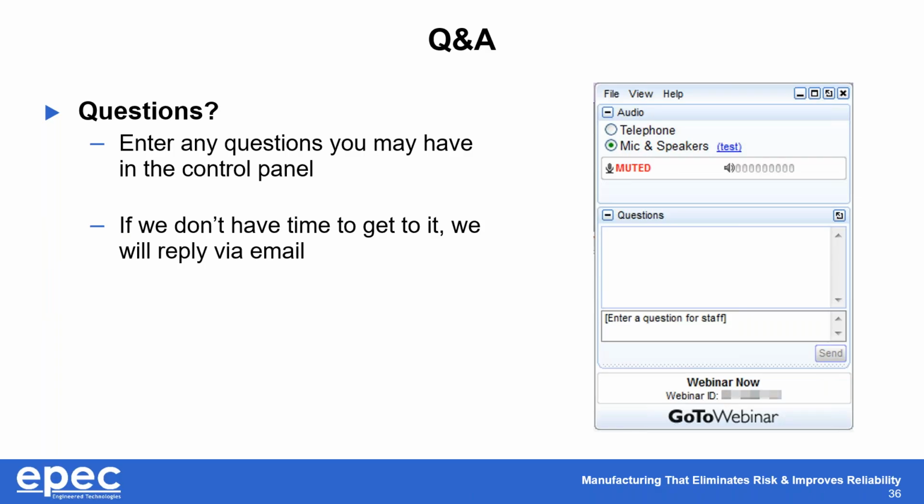Next question is, what happens if UL testing fails, and what's the impact on certification? So it would depend on what specifically fails. A lot of what we see is clarifications of the design intent, or how it's assembled, or how it's grounded.